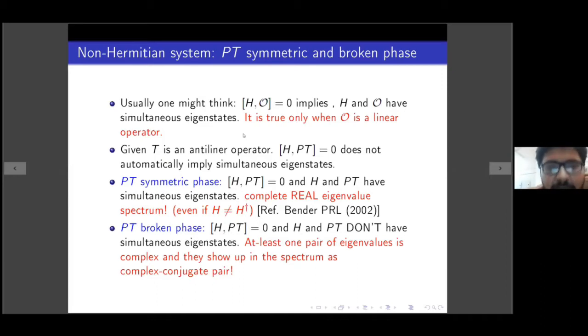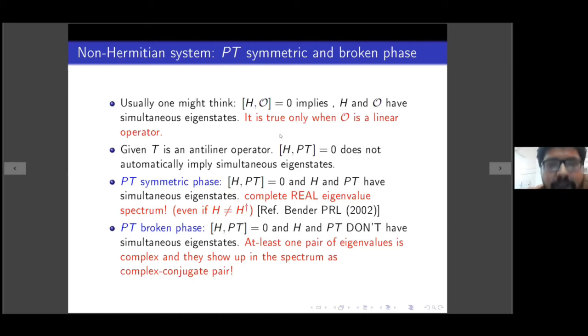In our case, the Hamiltonian is PT symmetric, but T is an anti-linear operator. So even if H commutes with PT, that does not guarantee that H and PT have simultaneous eigenstates.